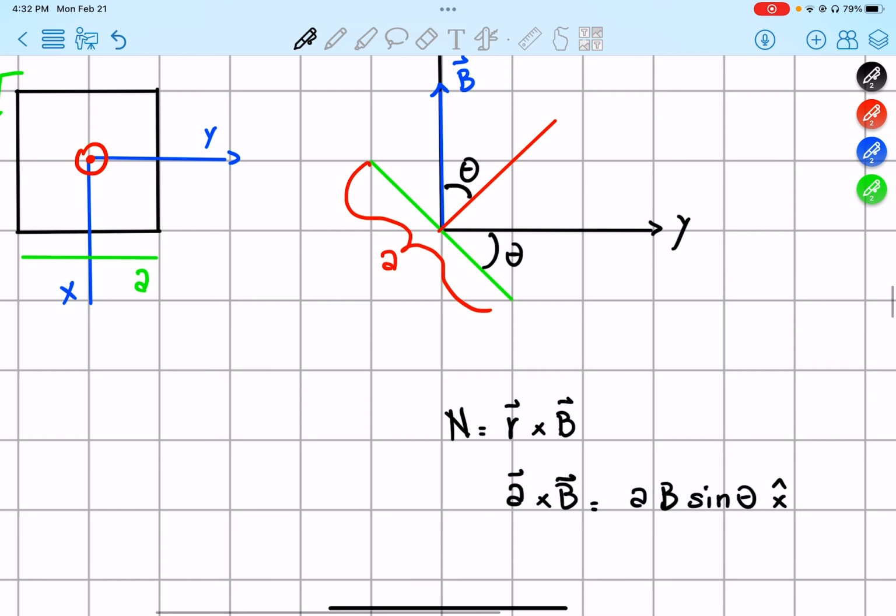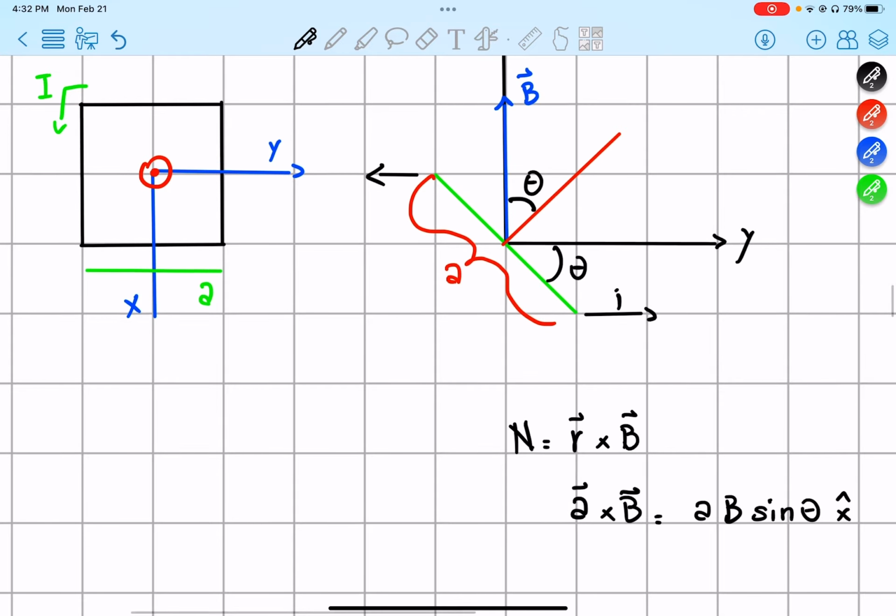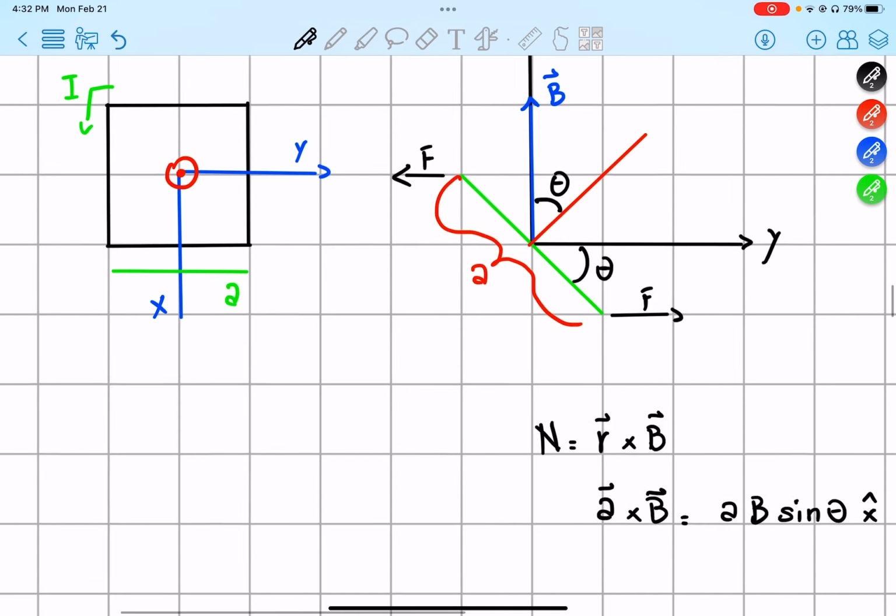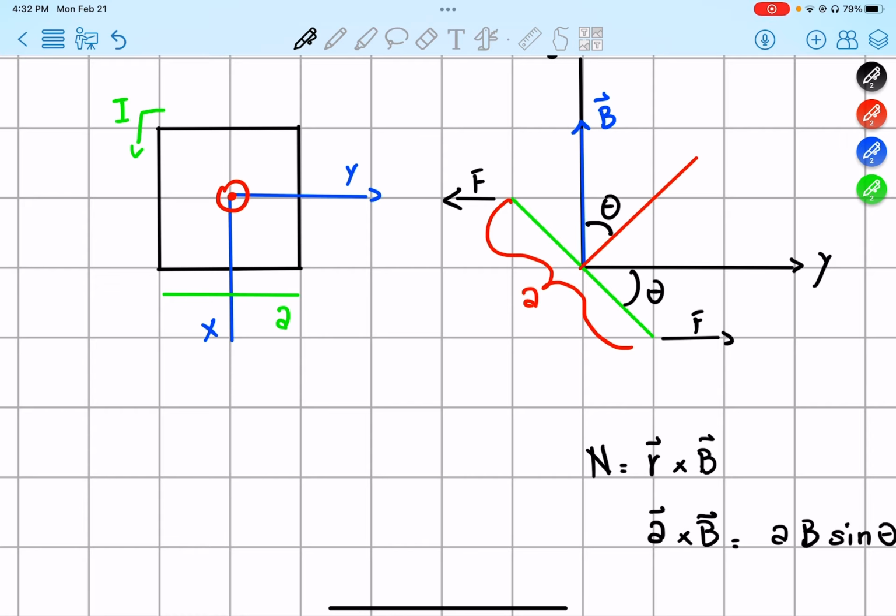Now, the force that is acting on this plane is actually going to push on this side on the right and on this side on the left. Now, how do we know this? Well, that is because we have to use the right-hand rule for the current and the magnetic field.